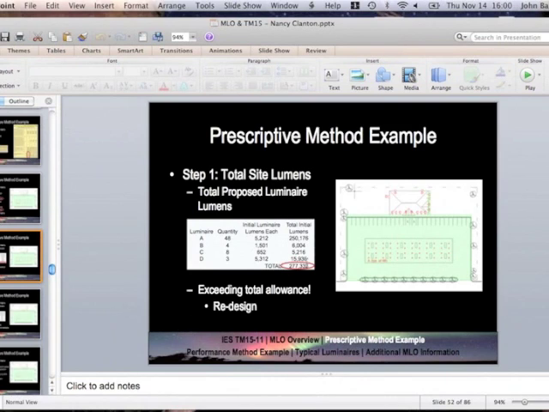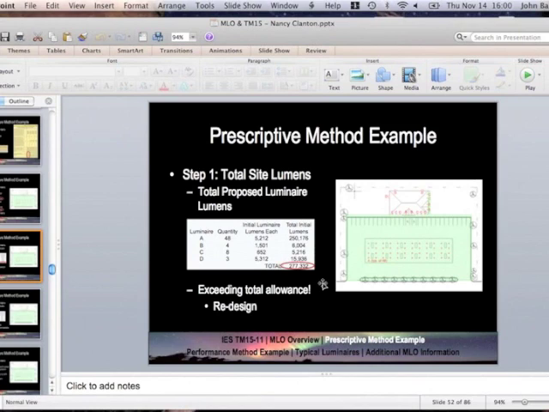Going further, now we actually look at the design itself. We have the different luminaires, and each luminaire has a lumen limit per luminaire. And this you would get from the manufacturer or their photometric files. We've added up the number of luminaires, multiplied it by the lumens of each one, and have a total initial lumens. And our initial lumens is 277,000.